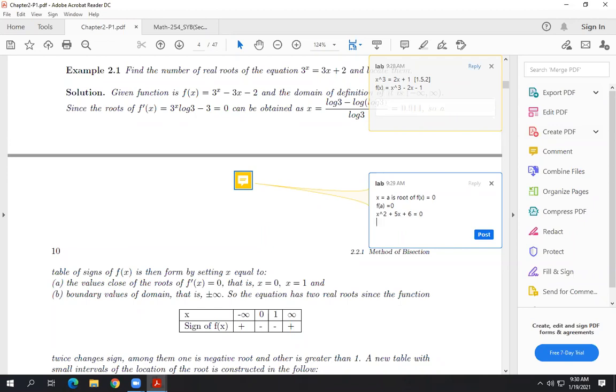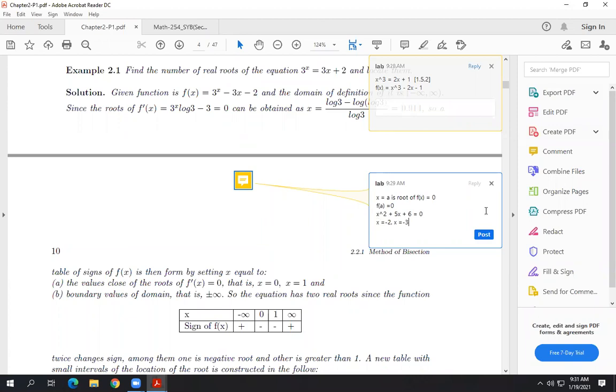How many roots? We already know, 2 roots. And these 2 roots are simple roots because they are not the same, they are not repeating. So we can call -2 and -3 the simple roots of this equation.